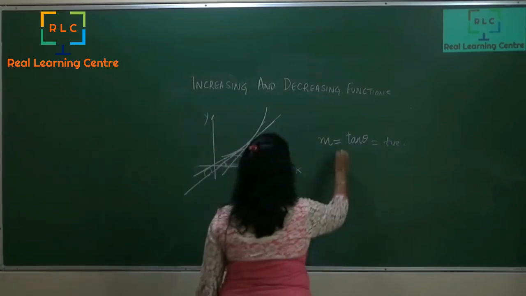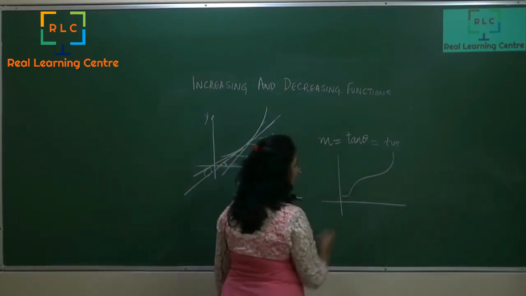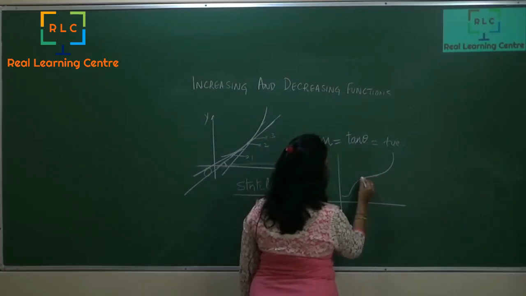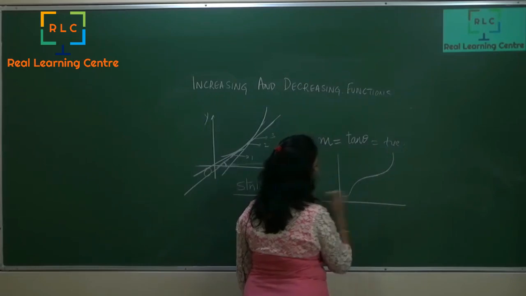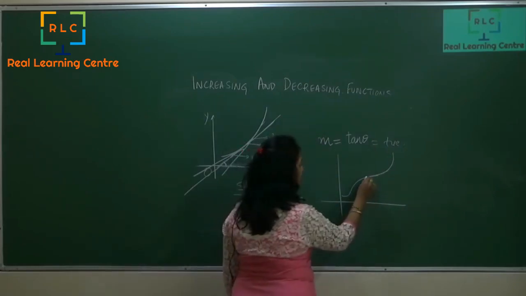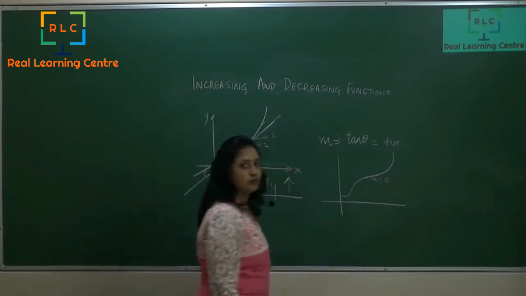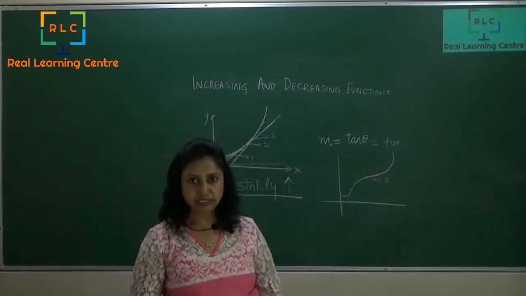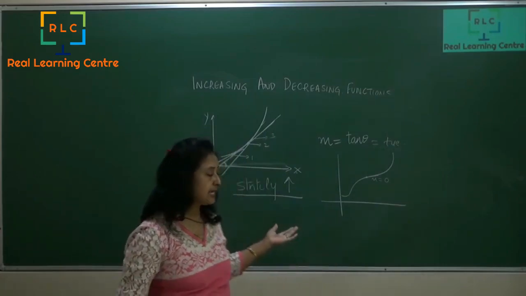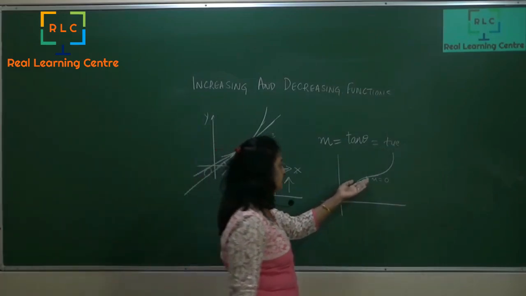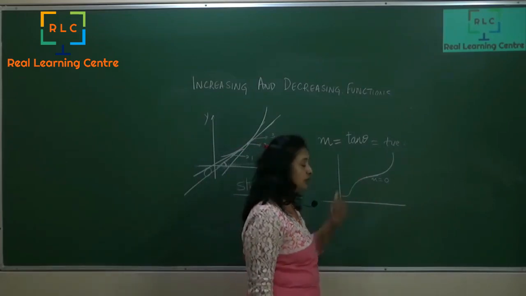Okay, now suppose you have a curve like this. Somewhere it will come down here, where if you draw the tangent, the tangent will be parallel to the x-axis, and the tangent's slope becomes 0 there. At that particular point, m is equal to 0. What do you mean by m? The slope of the tangent. If the tangent is parallel to the x-axis, the tangent's slope and the x-axis slope will be equal, so it will become equal to 0.